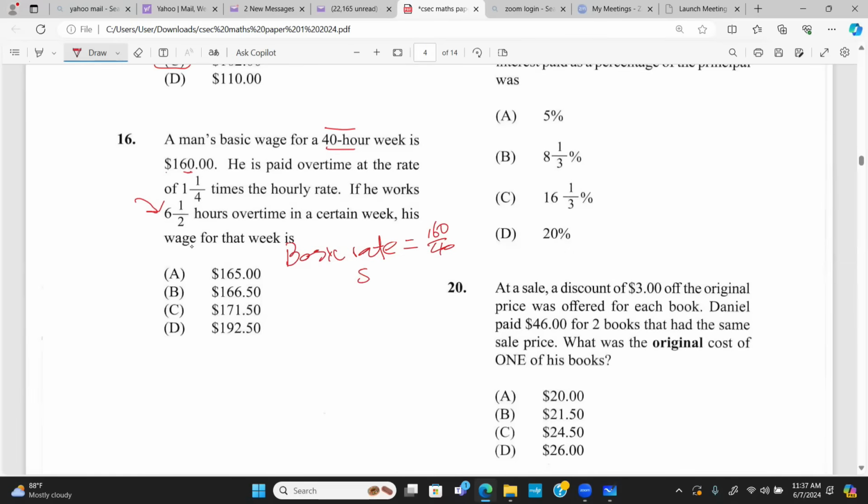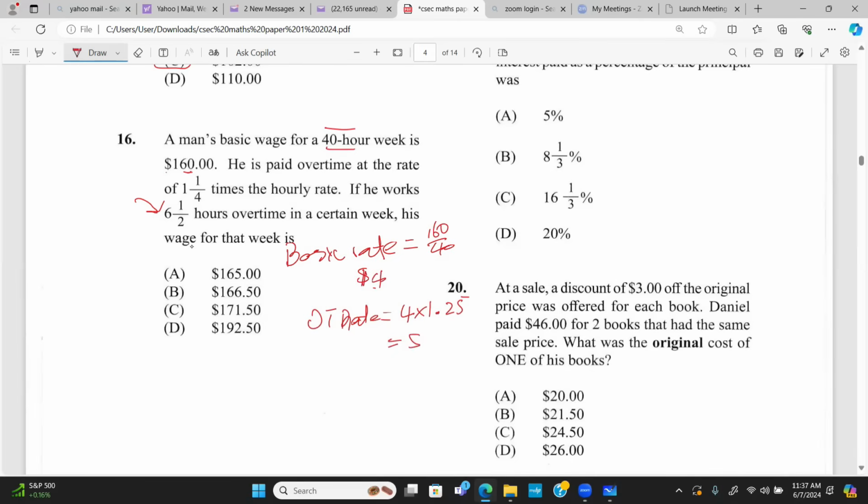So this man is making $4 for every hour. When he does 40 hours, he gets 160. So this is the basic rate. Now his overtime rate is going to equal $4 times 1.25. A quarter of that is a dollar again. So that's 5. This is the overtime rate.